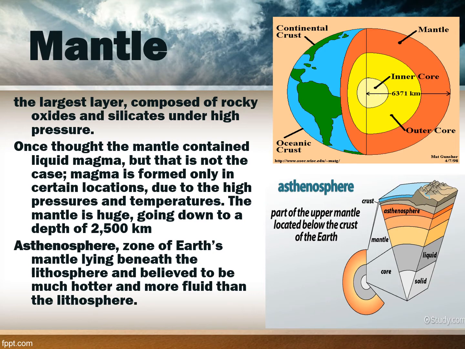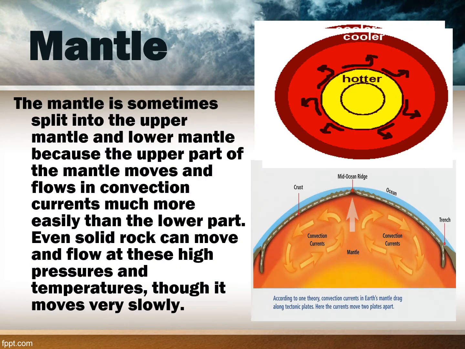The Asthenosphere is the zone of Earth's mantle lying beneath the lithosphere and believed to be much hotter and more fluid than the lithosphere. The mantle is sometimes split into upper and lower mantle because the upper part moves and flows in convection currents much more easily than the lower part.